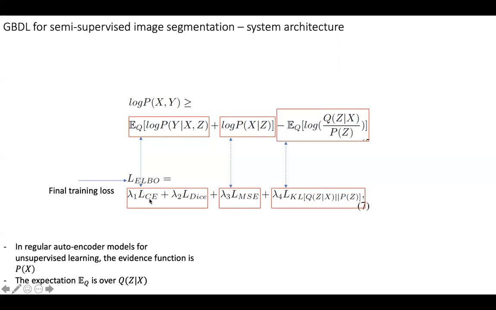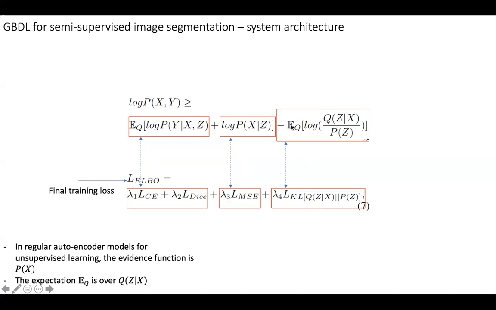It's the combination of cross entropy loss and dice loss. And the second term is the mean square error loss. It corresponds to the conditional probability of the image given the latent variable z. And the third one is the KL divergence between the posterior distribution of the latent variable and its prior distribution.